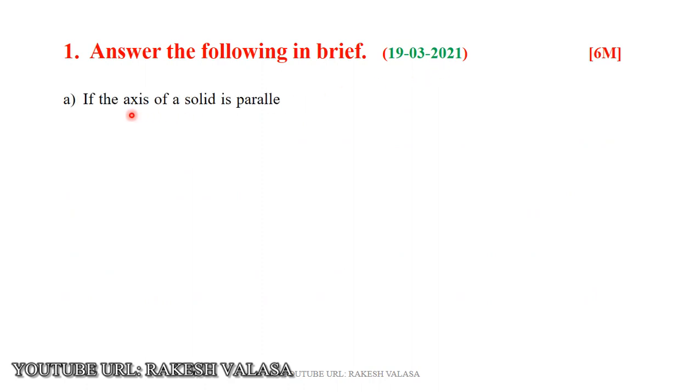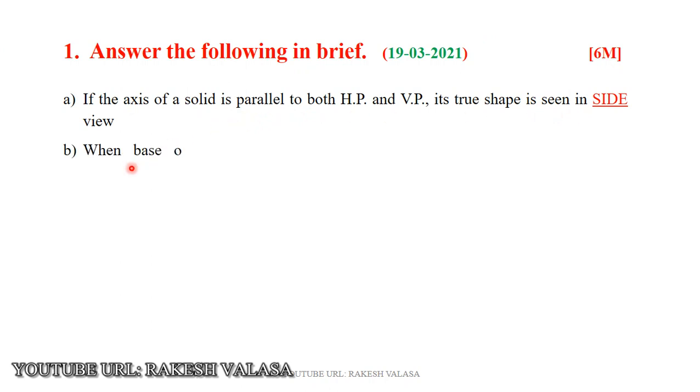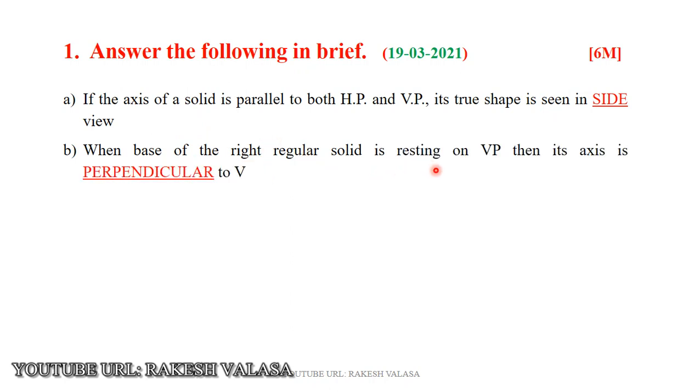Question number A. If the axis of a solid is parallel to both HP and VP, its true shape is seen in side view. Question number B. When the base of a right regular solid is resting on VP, then its axis is perpendicular to VP.